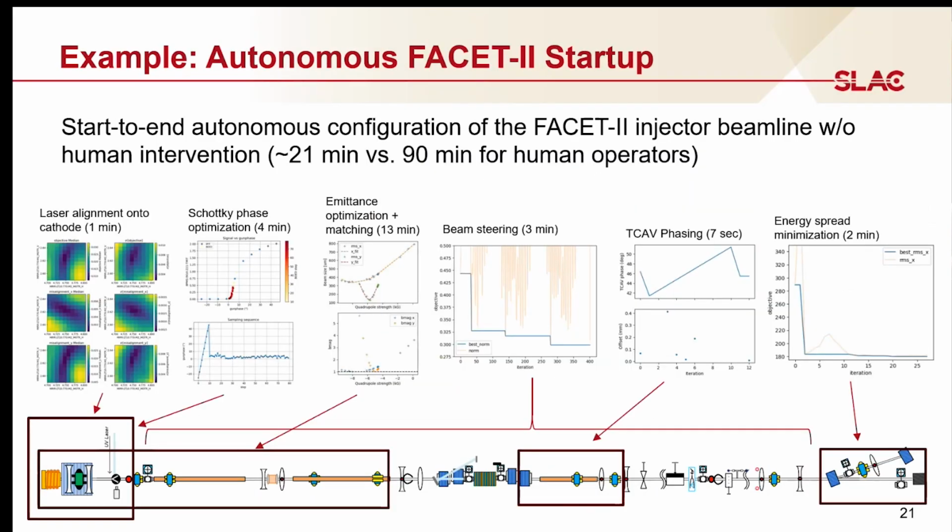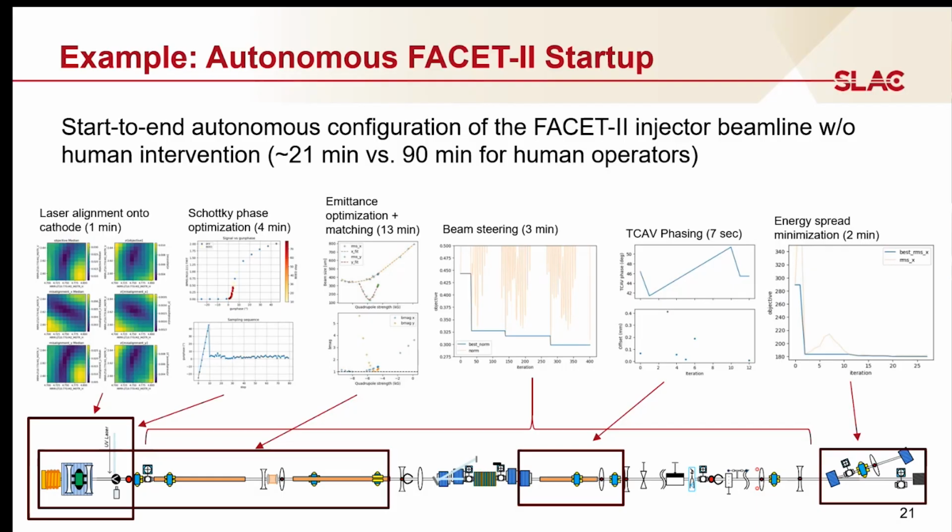Much more recently, now that we've been able to achieve single applications of Xopt to single optimization problems, we can start chaining together multiple optimization runs to not just optimize parts of the machine, but to do start-to-end configuration of entire accelerator beamlines.